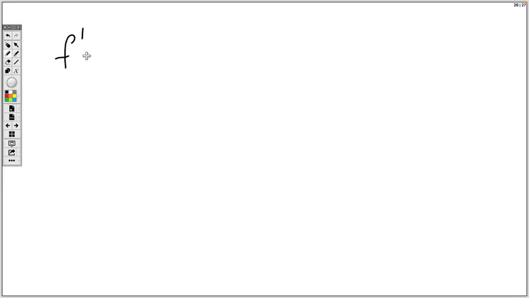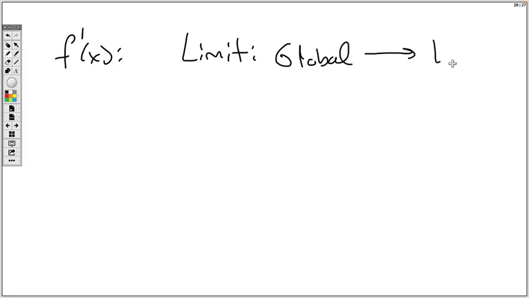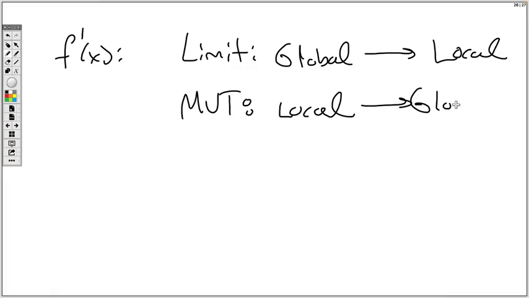When we defined the derivative, we took the limit to take global back to local. The mean value theorem is going to help us take local behavior back to global behavior.